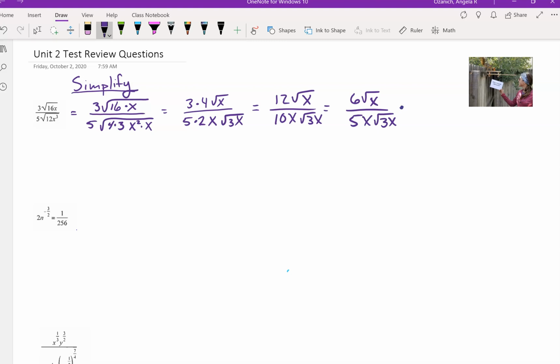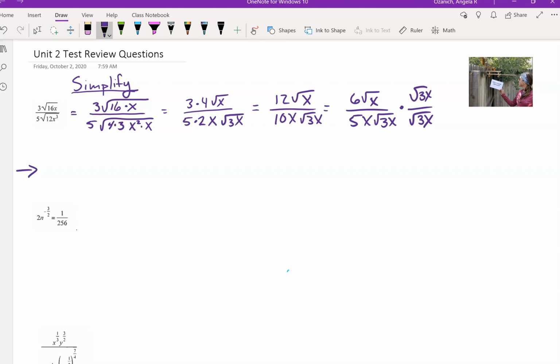So after I get it to this point, that's when I think it'd be a good idea to go ahead and rationalize your denominator. So I'm going to multiply by root 3x over root 3x. I'm going to zoom down to this next line right here.